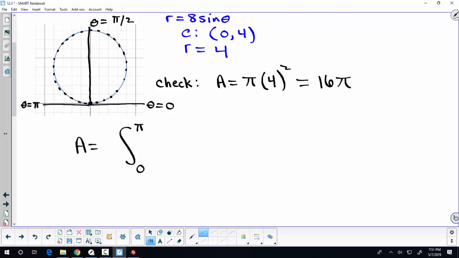Okay, and our integrand is 1/2 times the function of theta squared d theta. Notice there aren't two curves, so we don't have an outer and an inner. We just have that one particular curve.